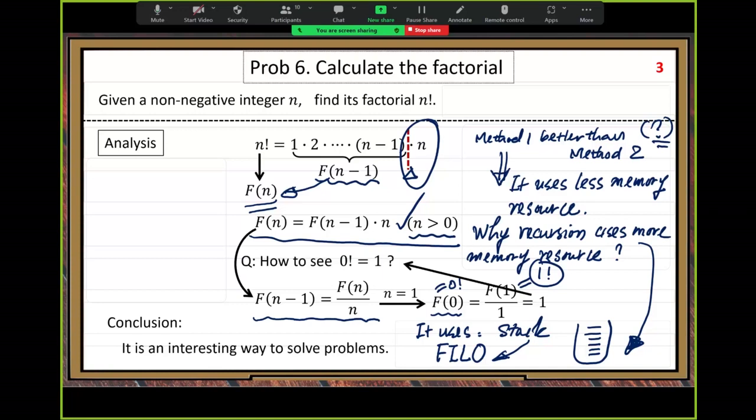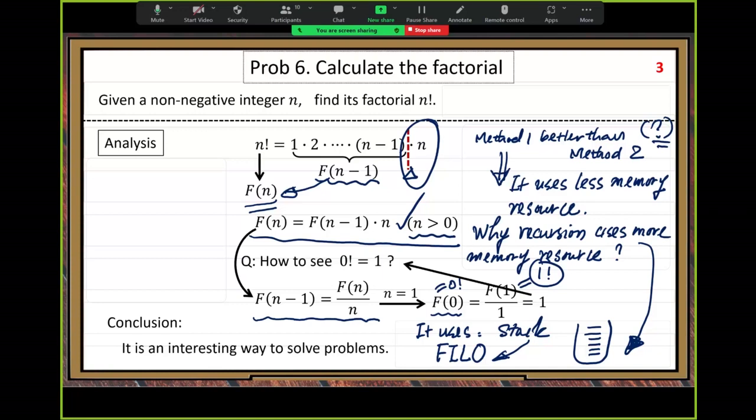But we use this simple example as a learning example, because we want to learn the concept. It's a learning process. And we can see it's an interesting way to solve the problem.